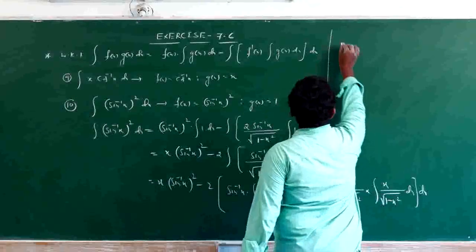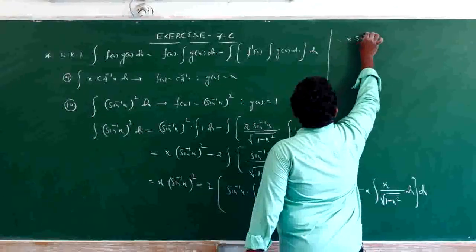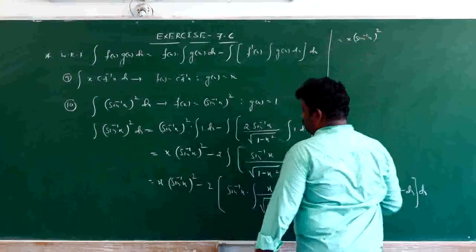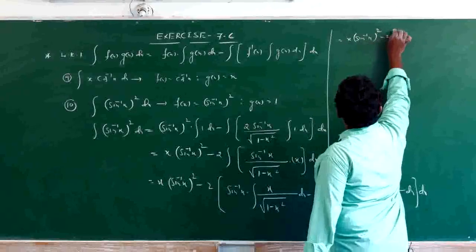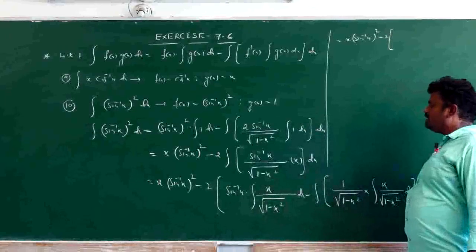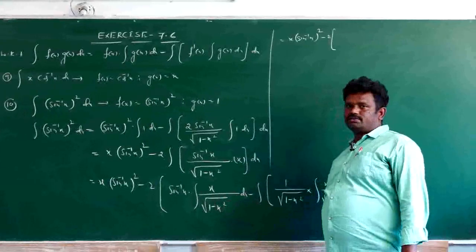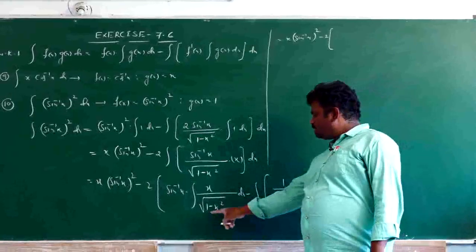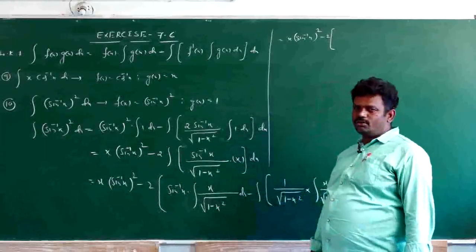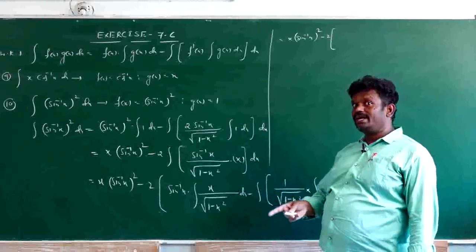That is equal to x into (sine inverse x) whole square minus 2 into sine inverse x times the integral of x by root of 1 minus x square. Suppose f of x is 1 minus x square, then the derivative is minus 2x.